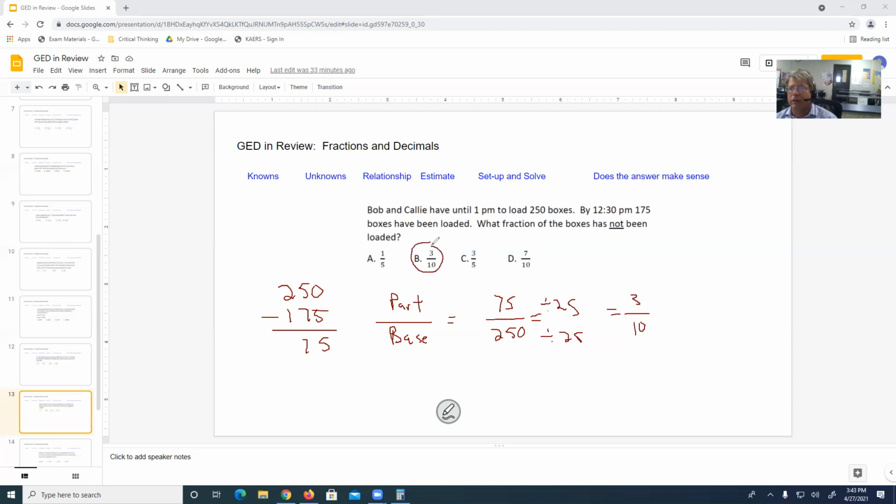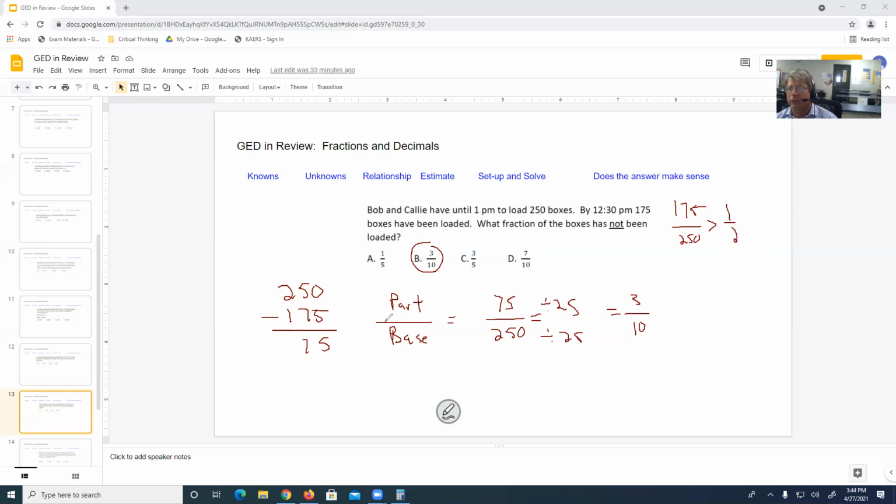Again, with fraction math, an estimate's not really very helpful to me, except for the fact that the only thing I do know is 175 out of 250, that's what's been loaded. That's actually more than a half.